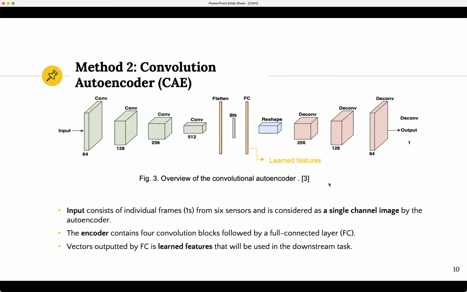The encoder considers each input as a single-channel image, so they can use convolution layers. The encoder contains 4 convolution blocks followed by a fully connected layer. The vectors output by the FC are the learned features that will be used in the downstream task.